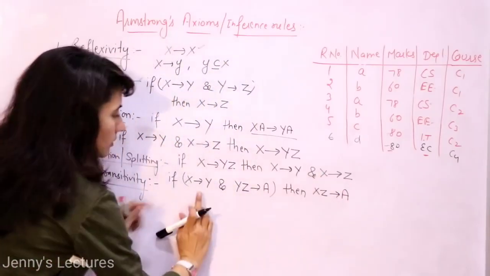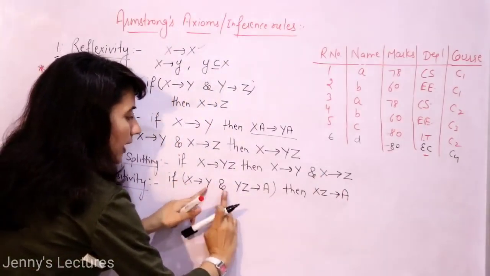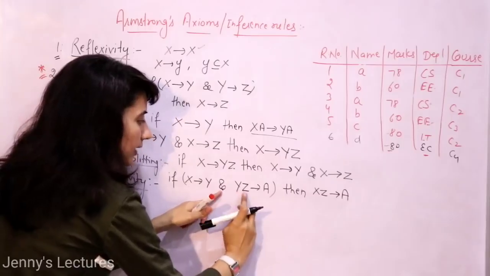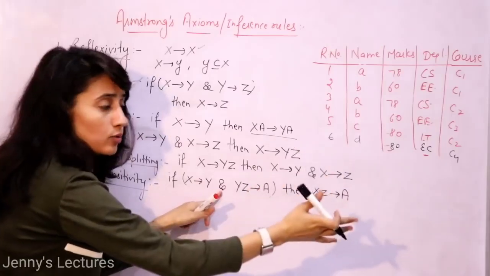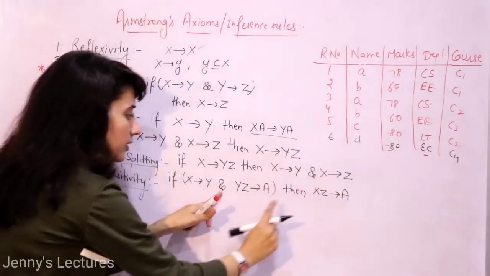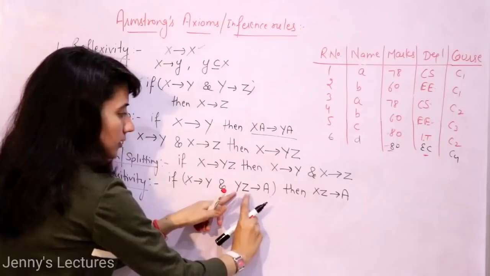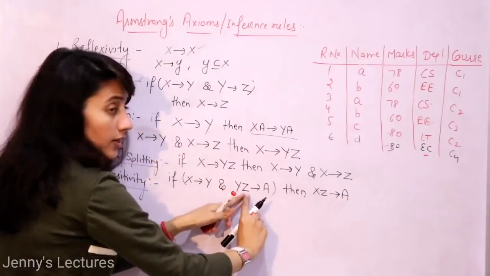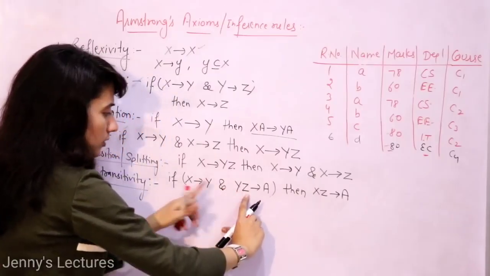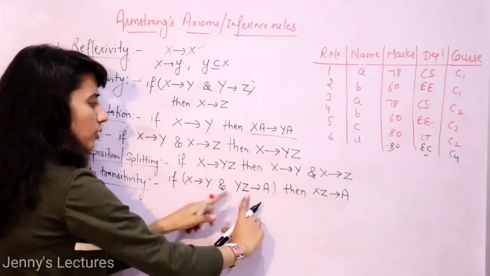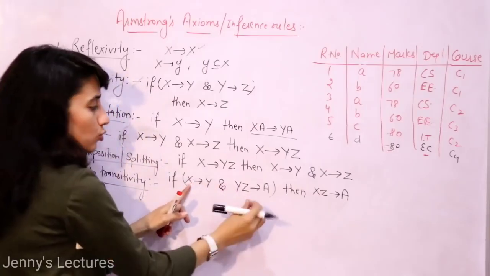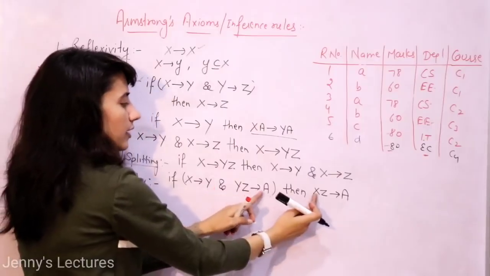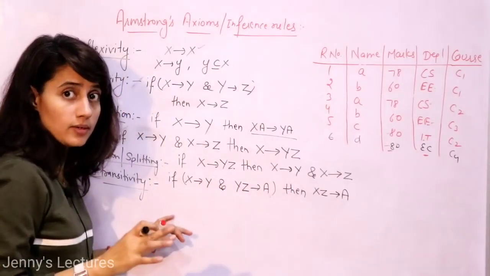See here what we have done. We know that x will determine y, and the combination of y and z will determine a, another set of attributes. Then z is there as it is, but for y, using x we can determine y. So in place of y you can write x. So here you can say xz will determine a, right?